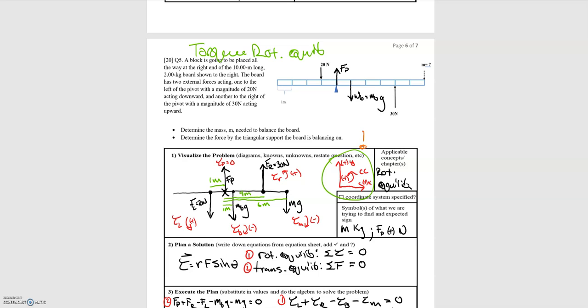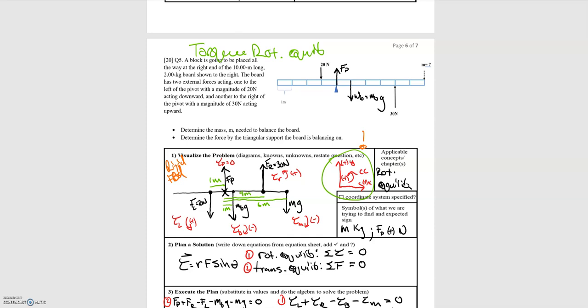Again, this should be like the first thing that you do for these problems, is define those two things, because that's going to dictate the signs. Then over here, I've got my rigid free body diagram. And so let's point out some of these components.